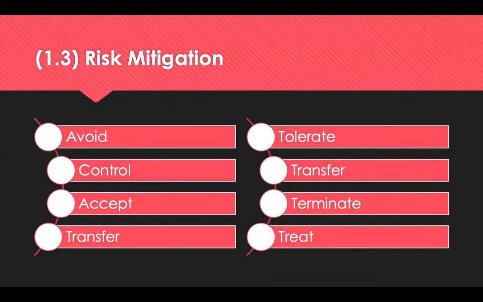The 4Ts is similar words, but you tolerate, which again is to accept, transfer, you terminate it, which is to avoid, or you treat it, mitigate or control. The focus for CIPS is on the 4Ts, although there are considerable alignments between the 4Ts and the ACAT model. These models can be seen as other potential responses to risk.